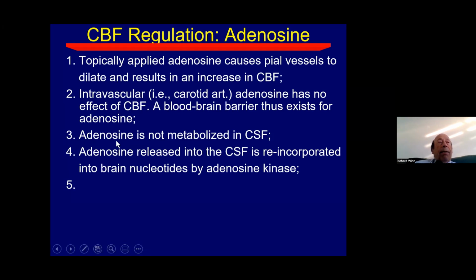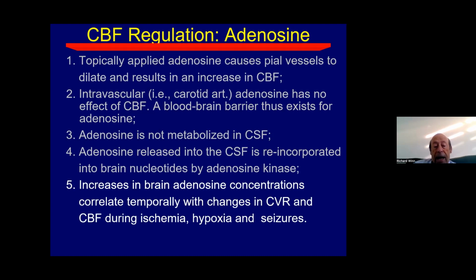Adenosine is not metabolized in CSF, and therefore adenosine released into the CSF or interstitial fluid is reincorporated into brain nucleotides by adenosine kinase. What those two sentences mean is it's tightly regulated in the brain, in the extracellular space, as it is in almost every organ in the body.